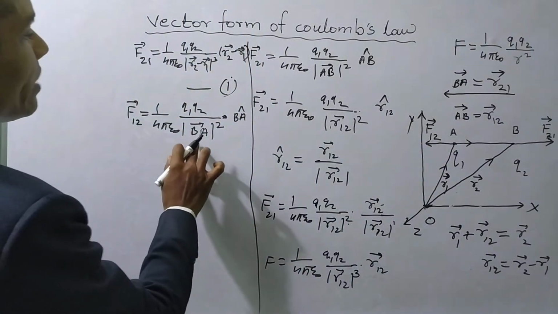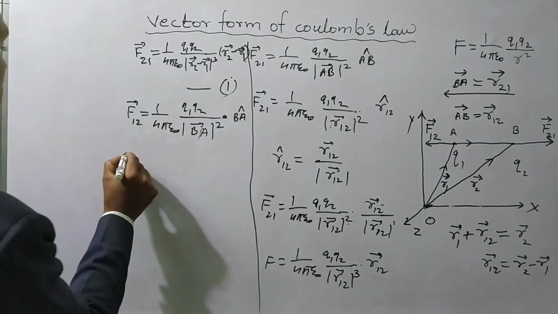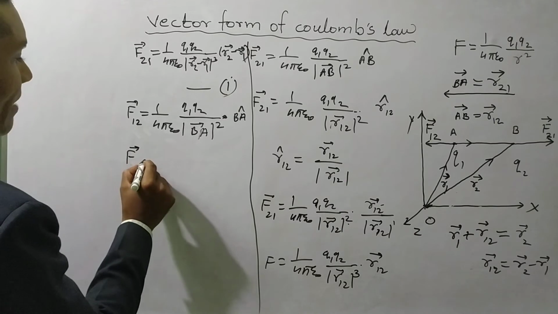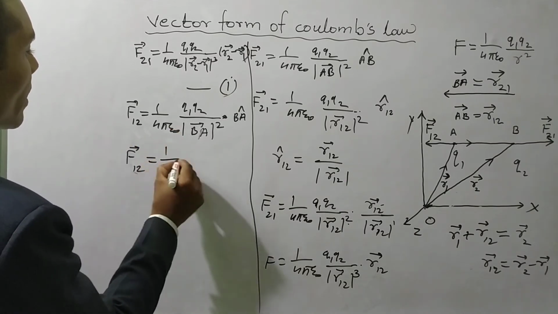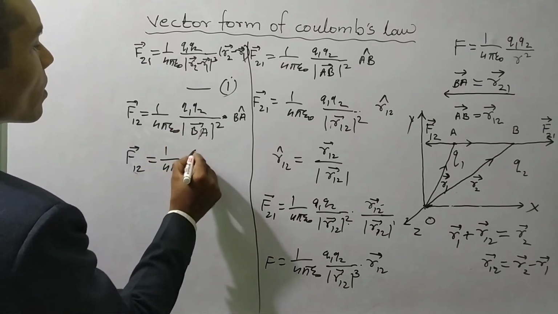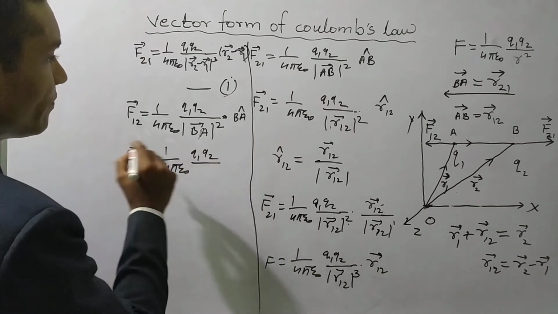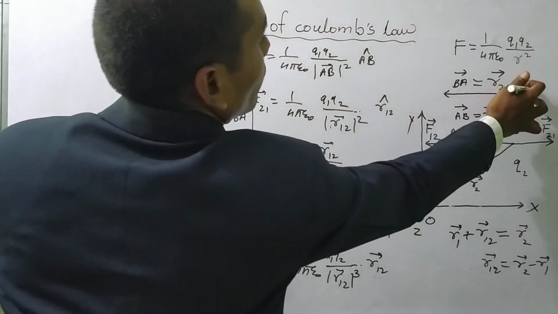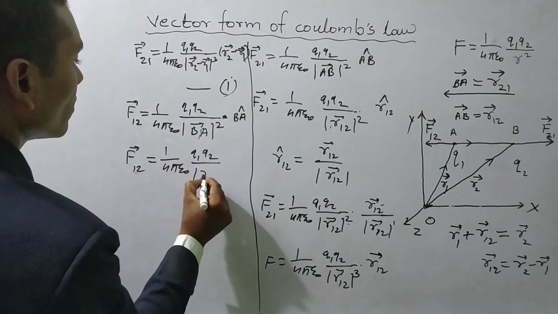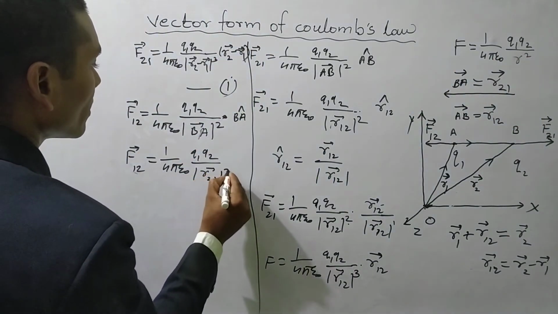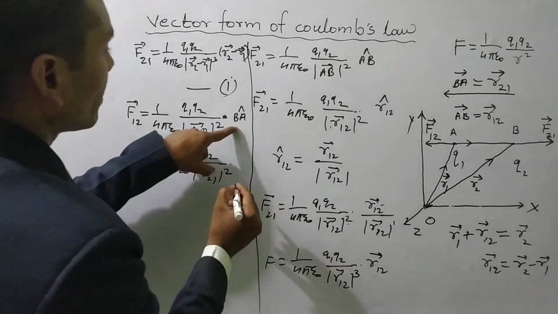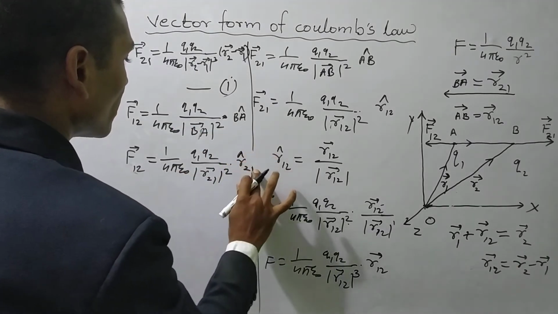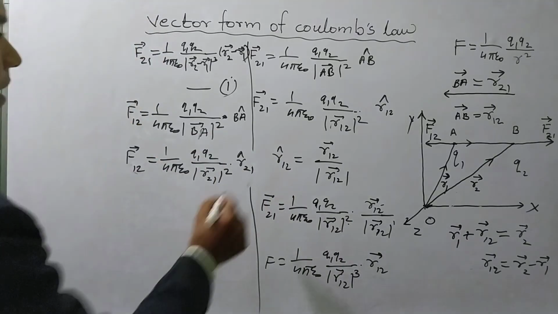On putting the value of BA, vector F12 will be 1 upon 4 pi epsilon naught, Q1 Q2, modulus of vector R21 squared, times R21 cap.